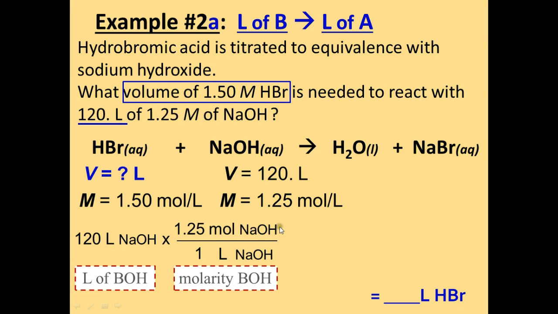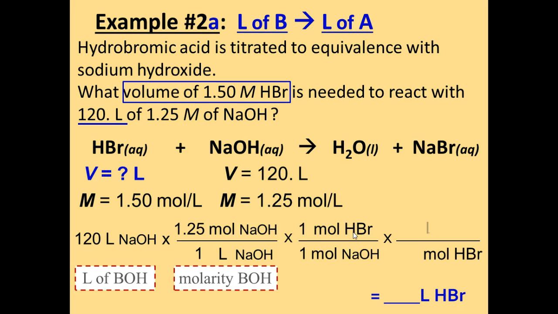Because it's the same equation, it's a 1-to-1 mole ratio, and NaOH goes on the bottom and HBr goes on the top because you want NaOH to cancel out. So we just write it like that. Now we're in moles of HBr, so we want to go from moles to liters, and we use molarity. We put moles on the bottom this time because we want that to cancel out, and liters on the top.